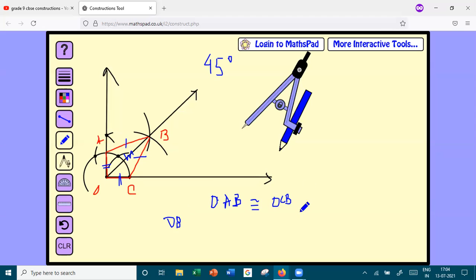This is the sign you use, one curved line like this and two straight lines. This is the symbol we use for congruence.